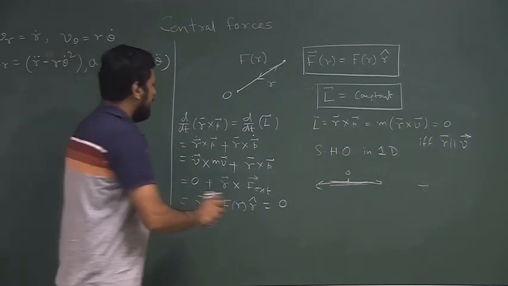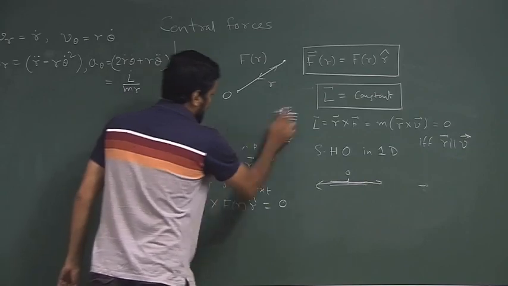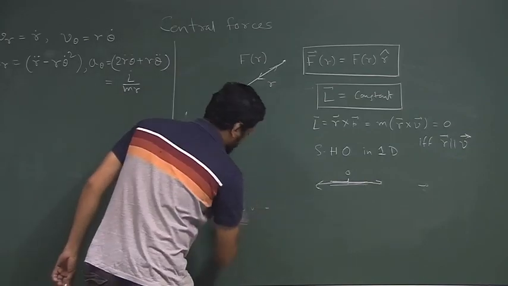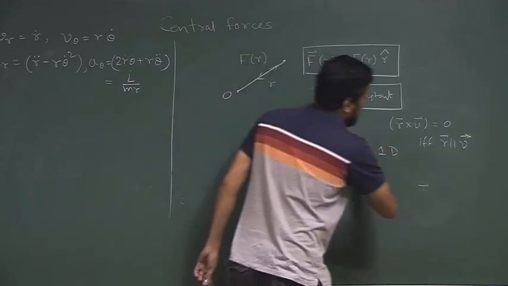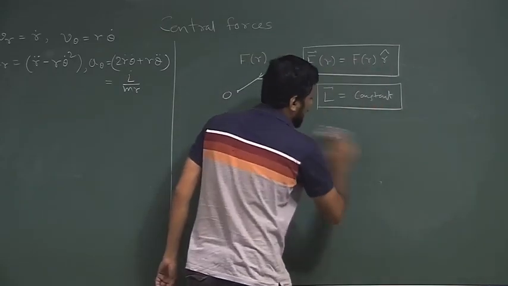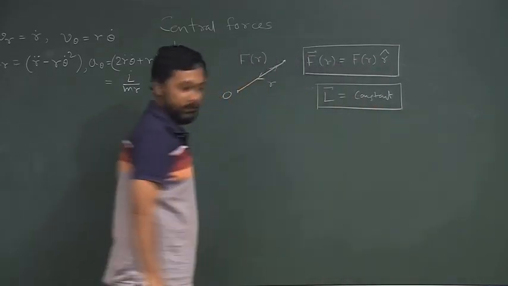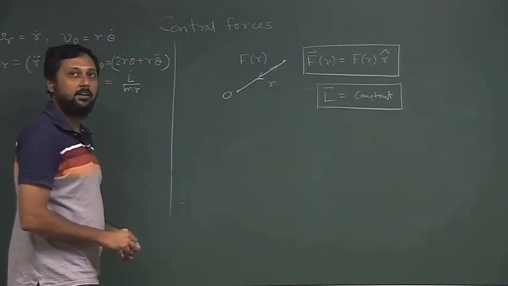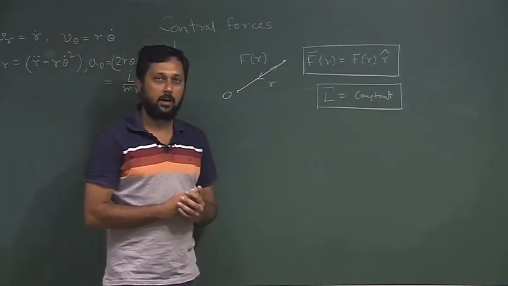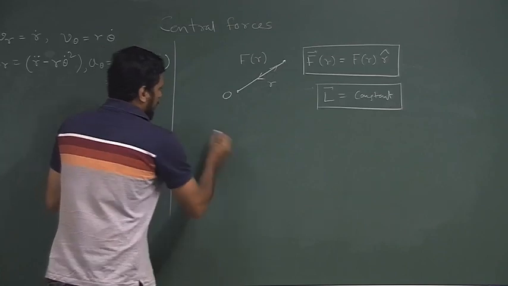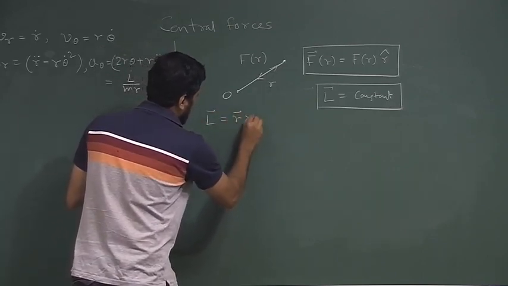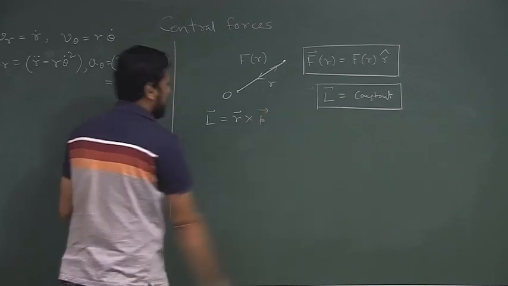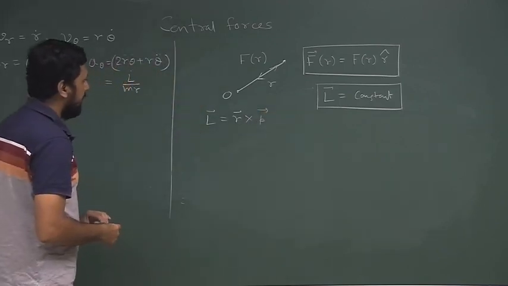So, in general, if we have a motion under central force, that means L is equal to constant. Now, this L being constant immediately tells us that the motion is also a planar motion. How? L is equal to r cross p, right.